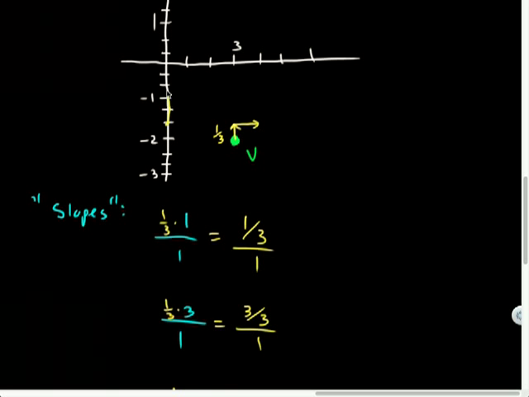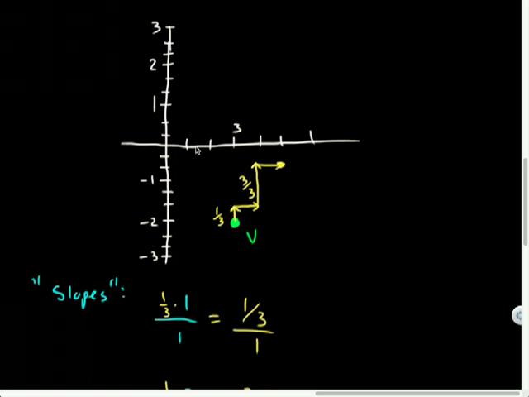So up 1, 2, 3, 3/3. Right? And over 1. And then I'll go up 5/3, I believe. So currently I'm at -2/3 for my height. And that's actually going to land me right on the 1 there, isn't it? For my height. And over 1.